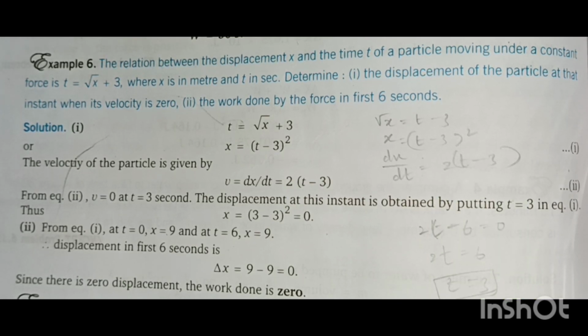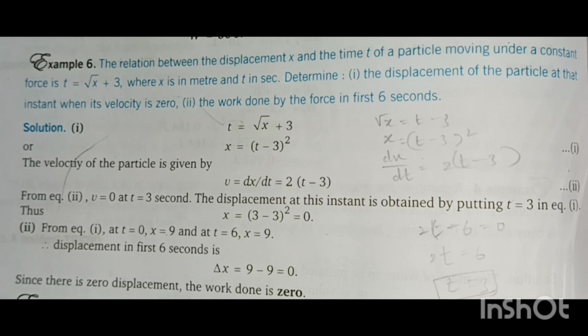So 2t minus 6 equals 0, 2t equals 6, so t equals 3. So at t equals 3 seconds, the velocity was 0.